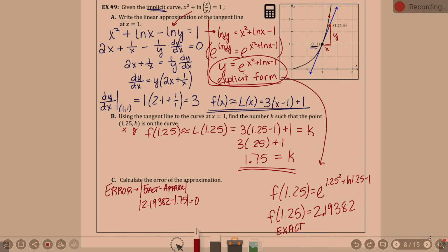Or in other words, that was f of 1.25 minus L of 1.25. 0 point something. So I have 0.44381 written in my notes.